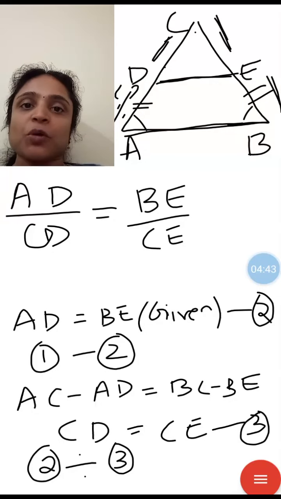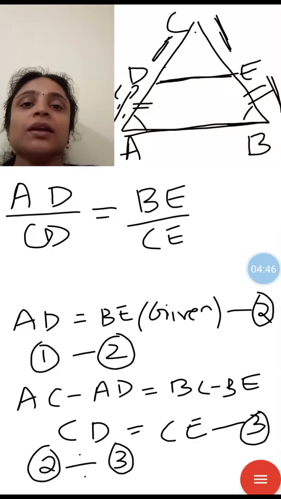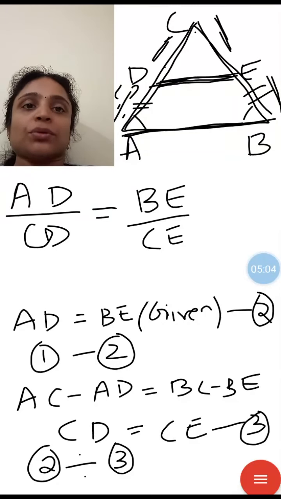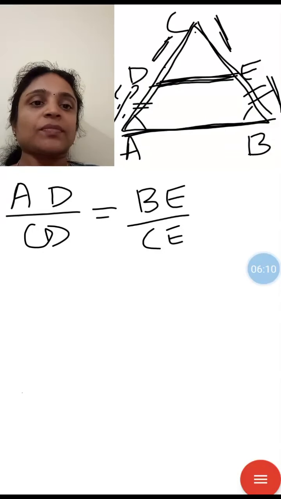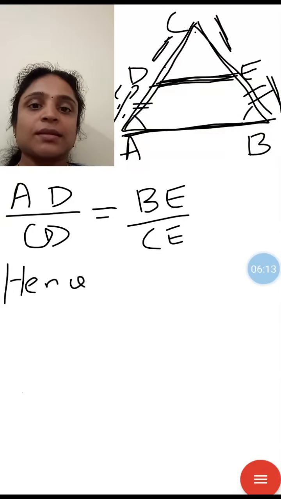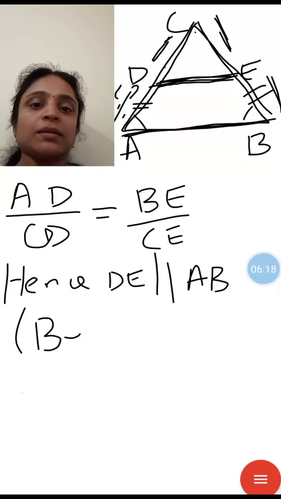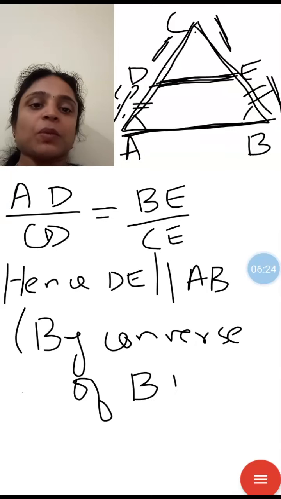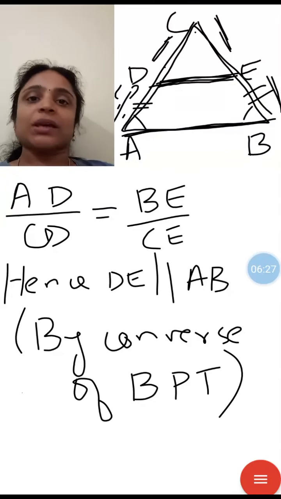By basic proportionality theorem, it states that if a line is drawn parallel to another line in a triangle, then the parallel line divides the other two sides in the same ratio, that is AD by CD equal to BE by CE. Hence, DE is parallel to AB by converse of basic proportionality theorem. Okay. Understood?